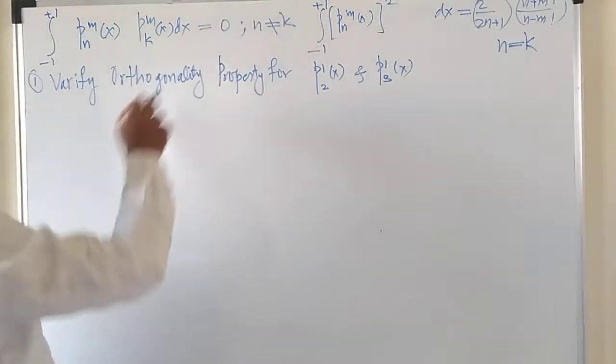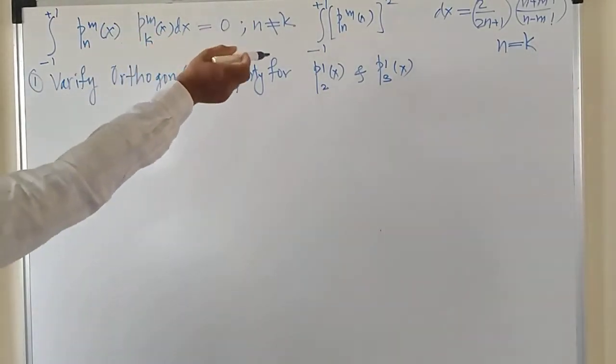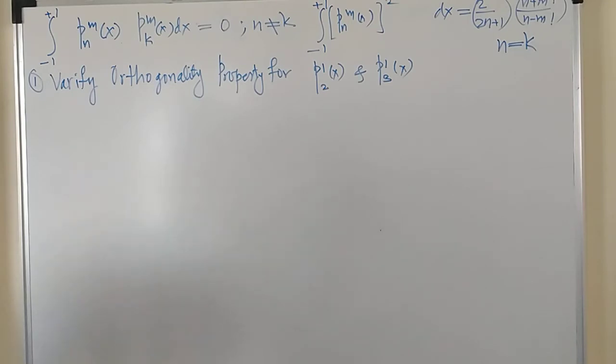When they are equal, we get 2 upon 2n plus 1 times the factorial ratio. These relations we have already studied in the last lecture.